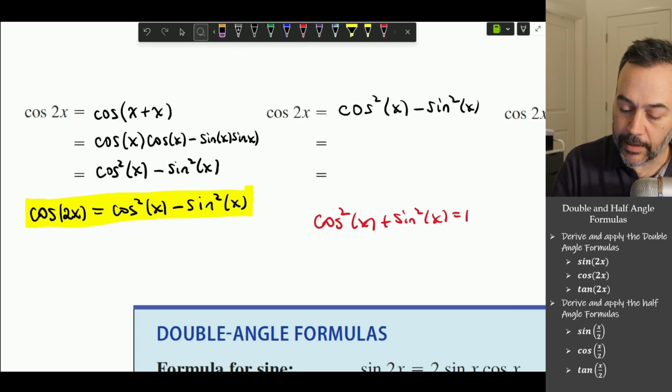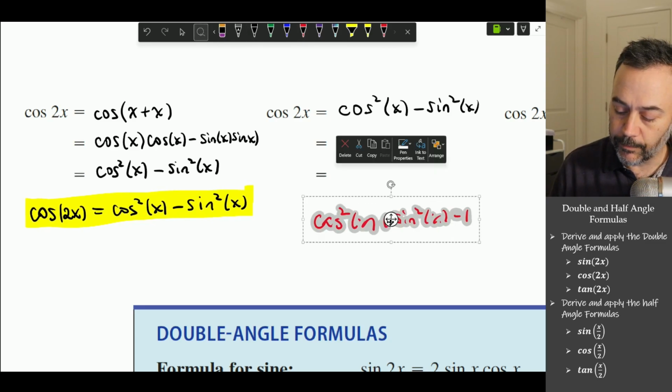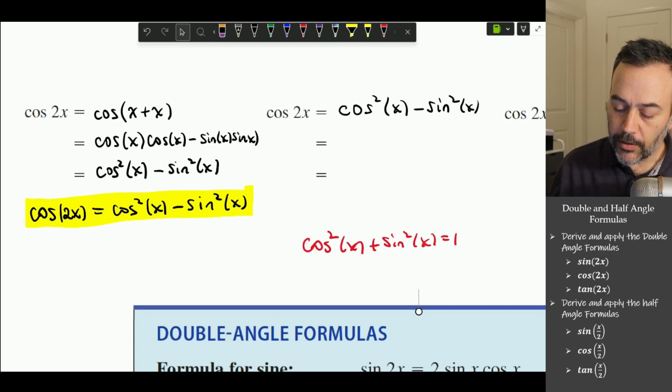I'm just writing this as a reminder note down below. So cosine squared x equals 1 minus sine squared x.